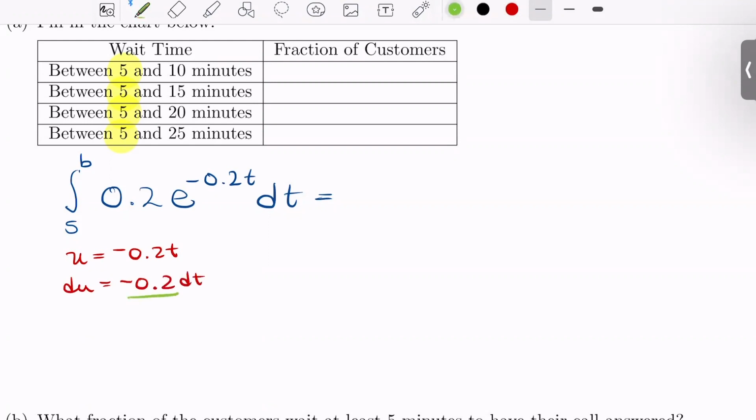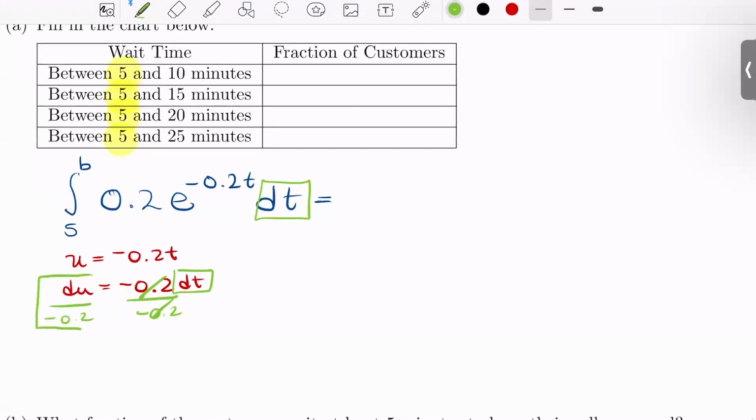Dividing both sides by negative 0.2, I can substitute for dt here, and then I can substitute that exponent.